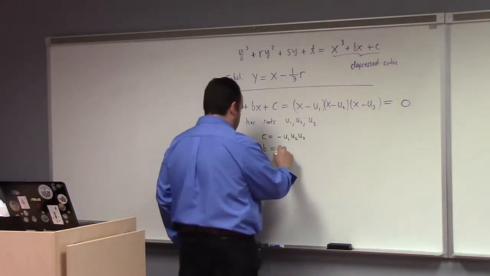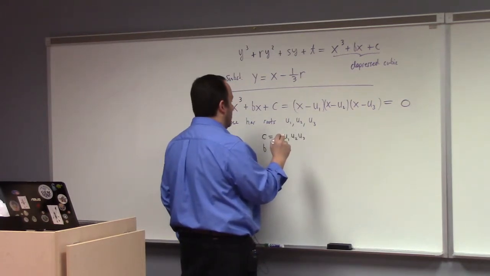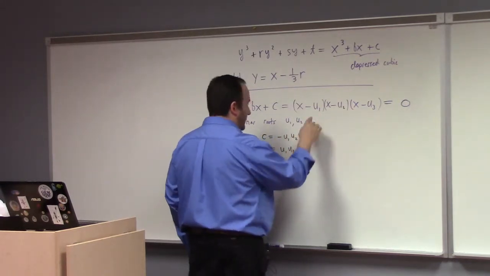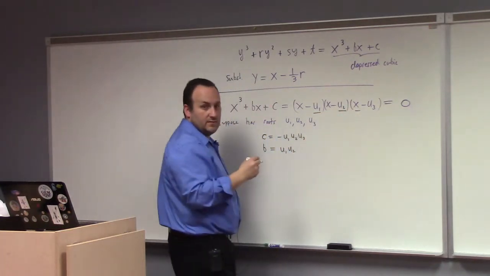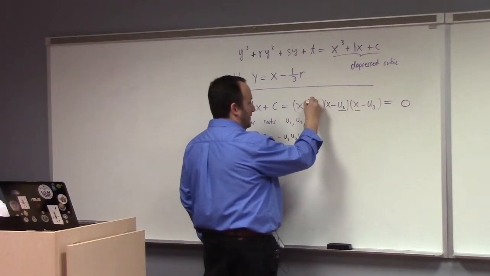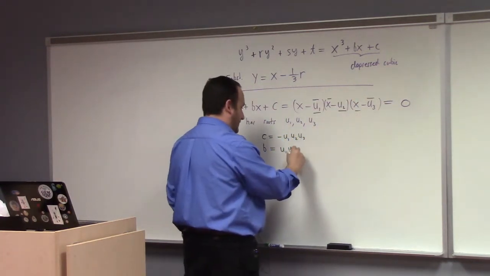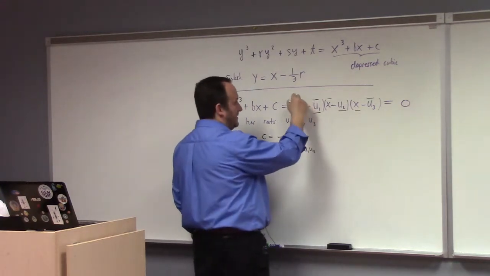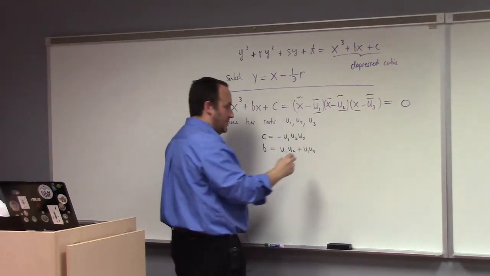Yeah, u1, u2, right? Like this times that, times x. And then we can think about this times that, which would give me plus u1, u3. And then we can think about x times this times that, which would give me plus u2, u3.